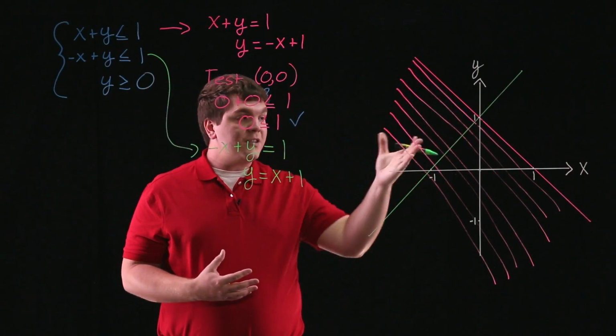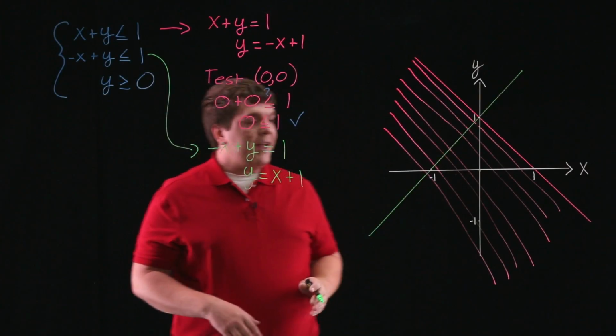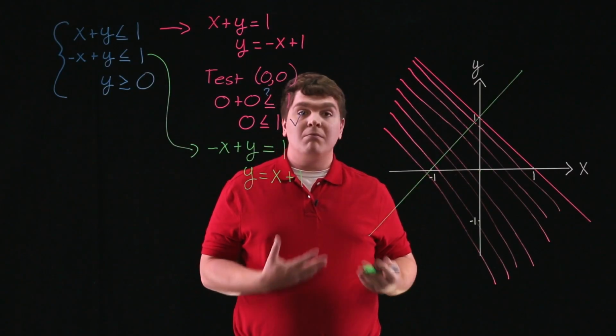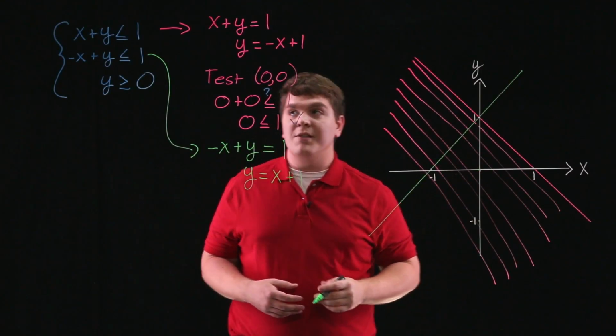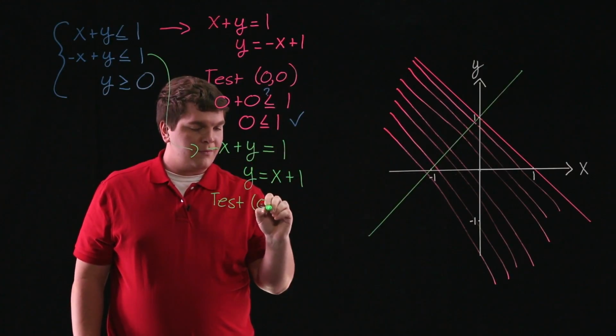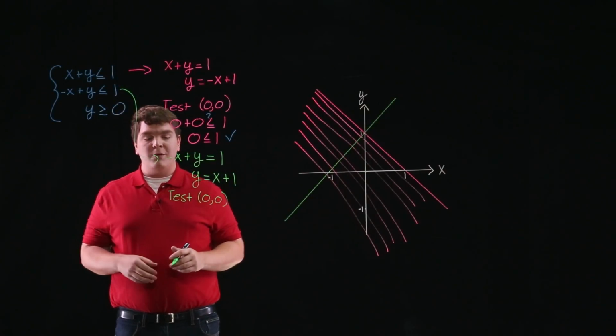Now to determine which side of this line we want to shade, we have to choose another test point. And since this is independent of our first inequality, we can choose the origin again. So let's use the point (0, 0). And we'll substitute this back into our original inequality.